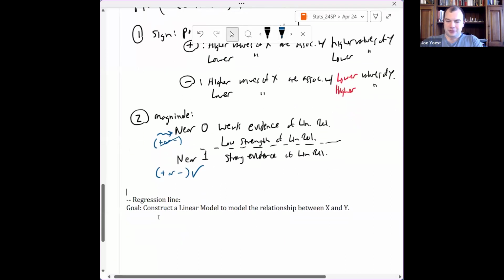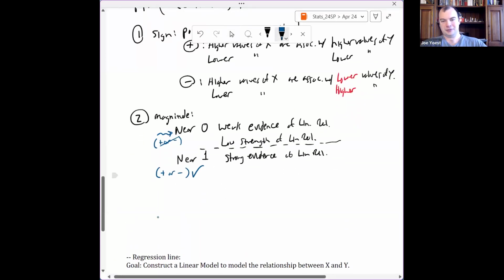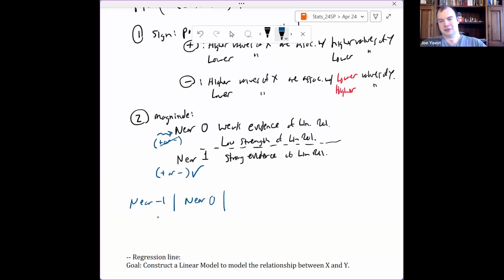So we really have 3 scenarios combining these two together: near negative 1, near 0, and near positive 1. These are my 3 different scenarios that I'm interested in. Near 0, whether we're a little positive or a little negative, we just say that's weak evidence of a linear relationship between the variables.